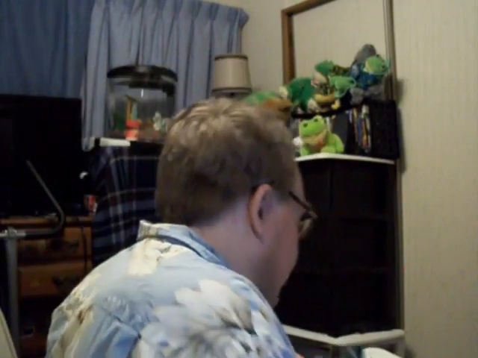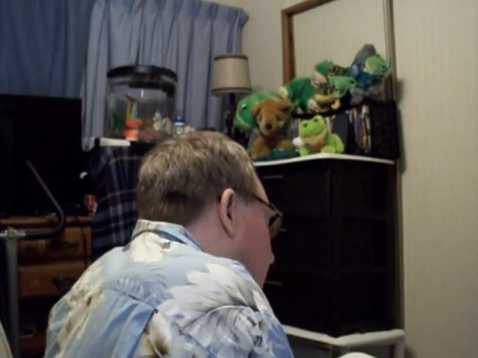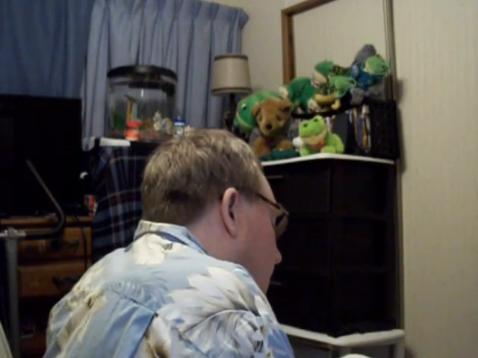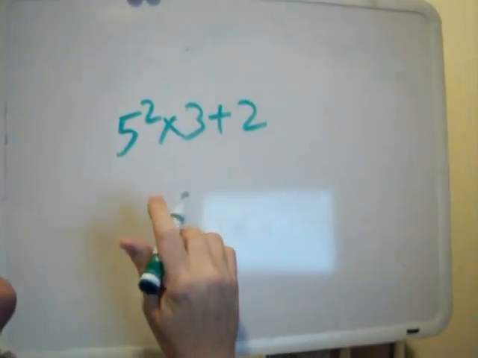Alright. Then you simplify any exponents, if it's possible to simplify those exponents. Then you multiply and divide numbers in the equation before you add and subtract any remaining numbers. So what do I mean by this? Let's say you have that equation. What are you going to do first?